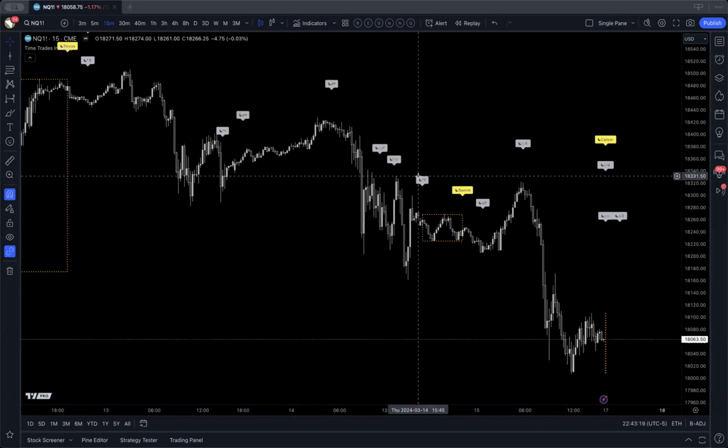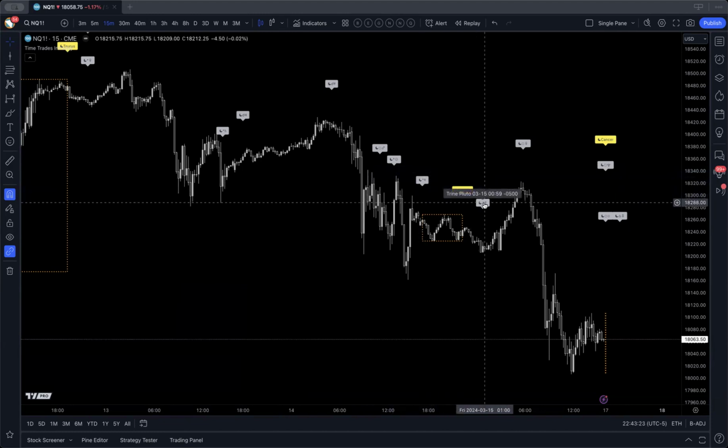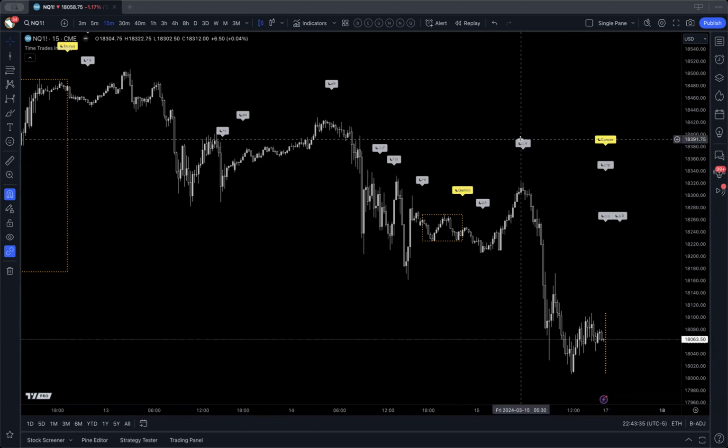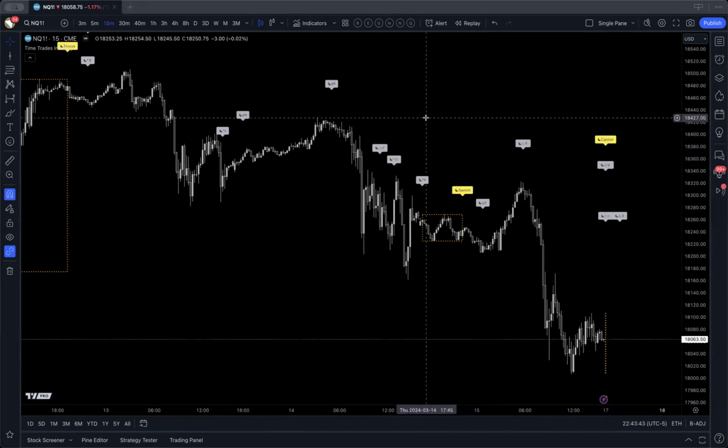If you're unfamiliar with financial astrology, in general, square aspects are negative. A square is a 90-degree aspect. It could be 90 or 270 with Venus. You can see how that kicked off a dump. Moon square Venus. We've got another square aspect with the sun coming up here, a square aspect with Neptune.